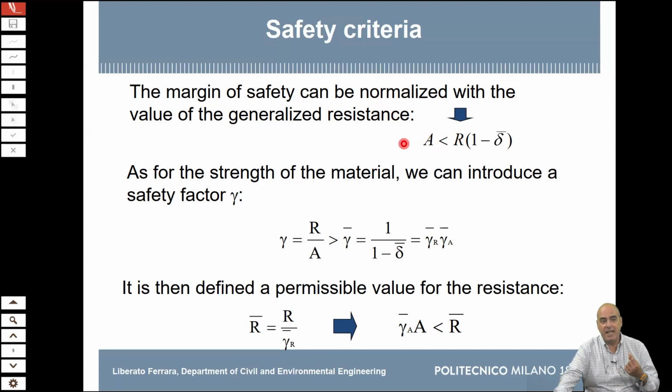Now, if instead of computing the difference, which is the safety margin, so how far can you go, you compute the safety factor, which is the ratio between the resistance and the action, and work out a little math, you can say, okay, but in this safety factor, what shall I put?